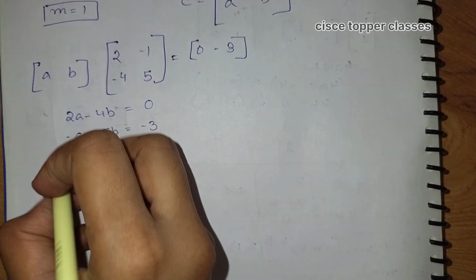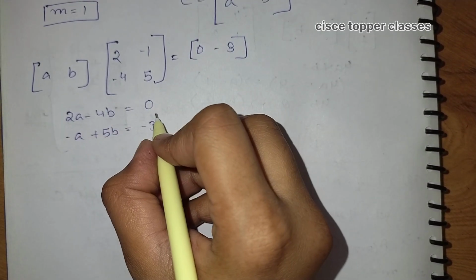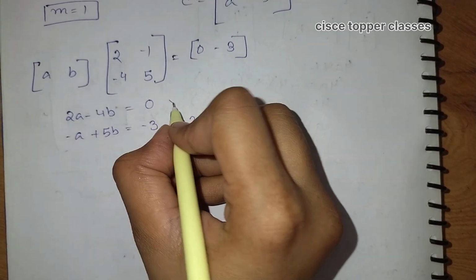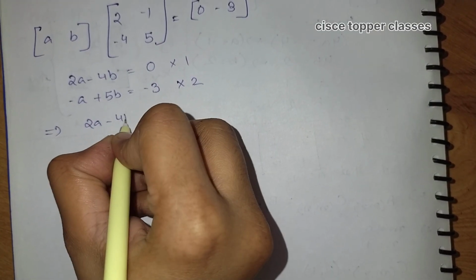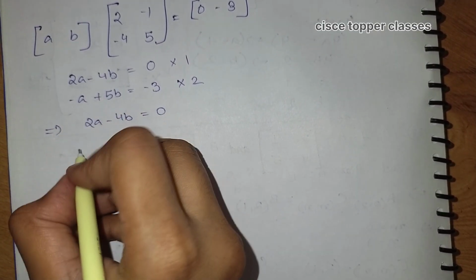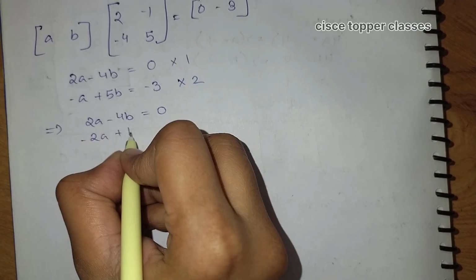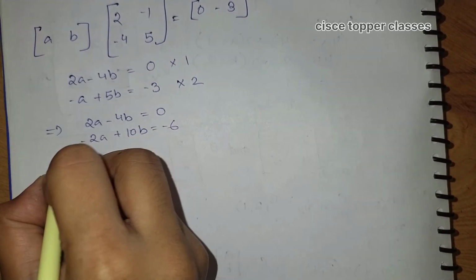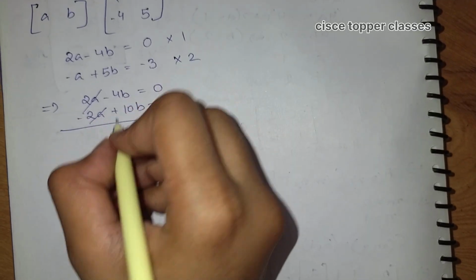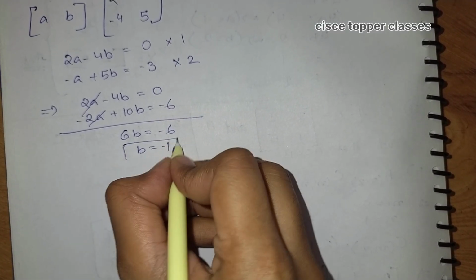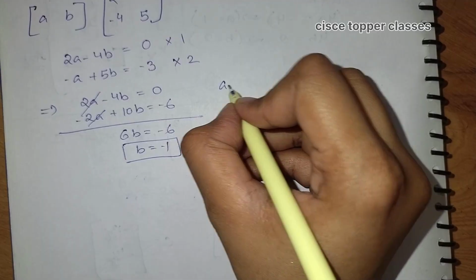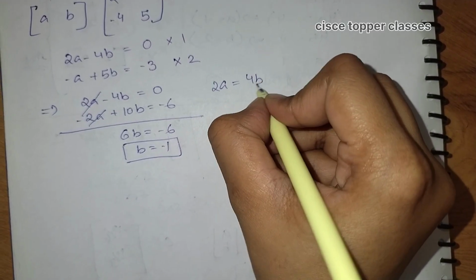So from that, we can multiply this with 2 and this with 1 only. So here this will become 2a minus 4b equal to 0 and this will be minus 2a plus 10b equal to minus 6. This will be cancelled out. Here we will get 6b equal to minus 6, b is equal to minus 1, and finding the value of a, 2a is equal to 4b here.